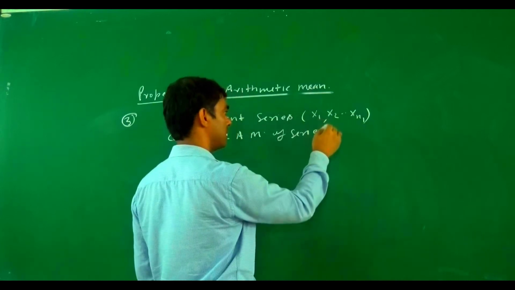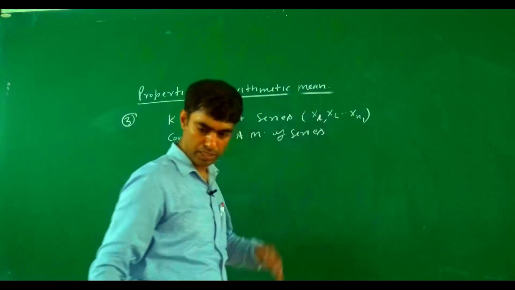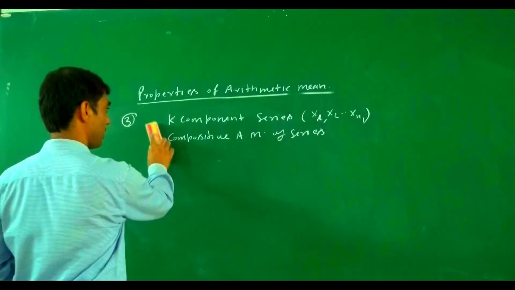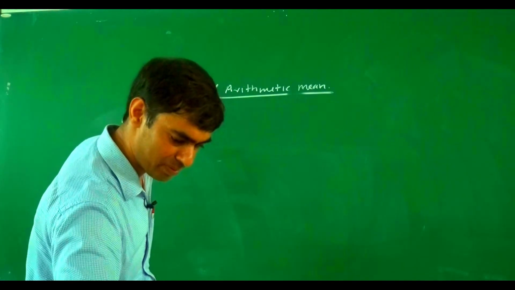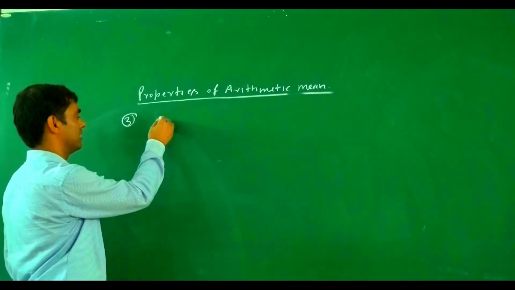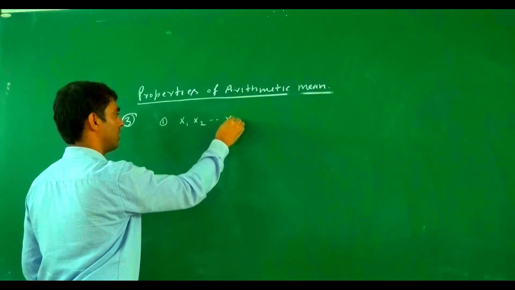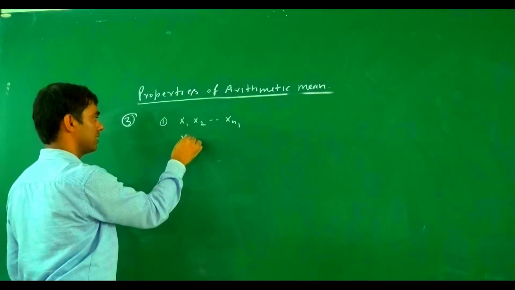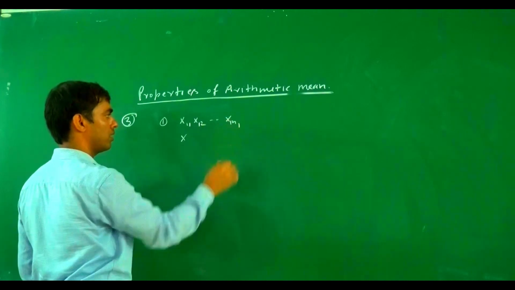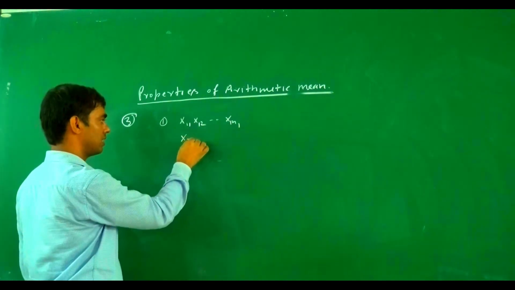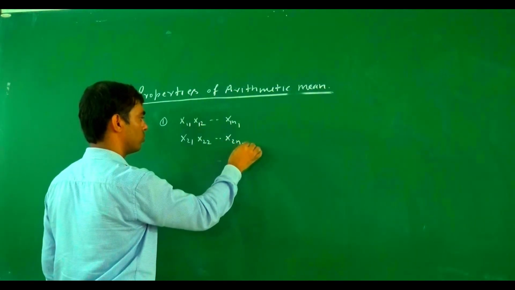Similarly, the second series is what? If we write in this form, there is a k component series. The first series is x11, x12 up to x1n1. The second series is x21, x22 up to x2n2.